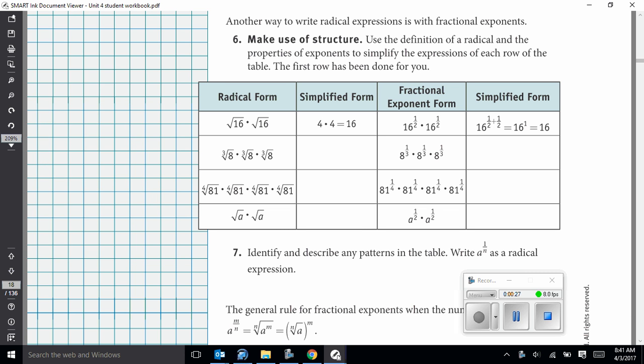Alright, so here, the square root of 16, a square root, has a radical, it has an index of 2, right? Another way of writing it is 16 to the 1/2 power. Get your calculators out.